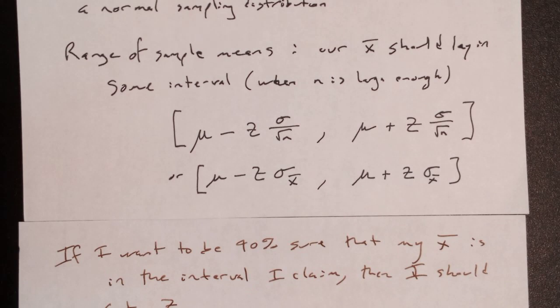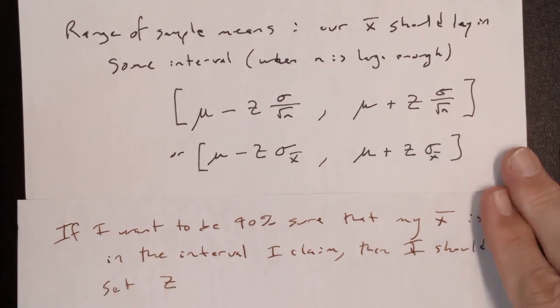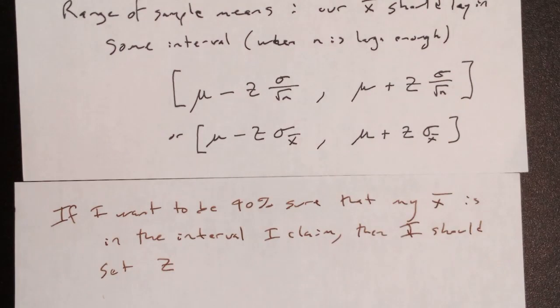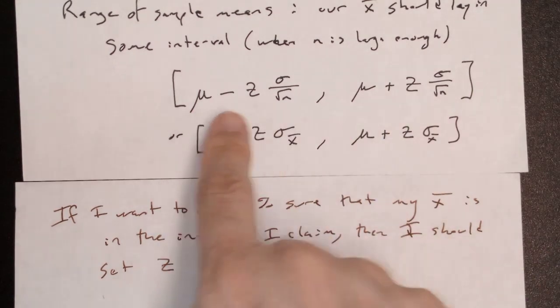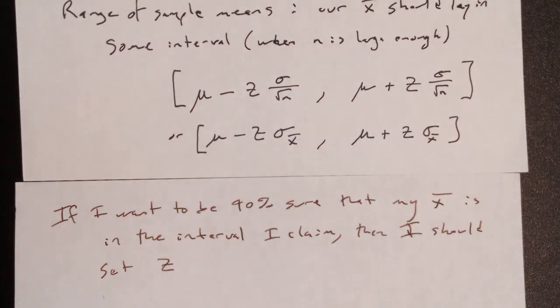If I want to be 90% sure that I'm using the right interval, then I should find the z-value so that this covers 90% of my normal distribution.